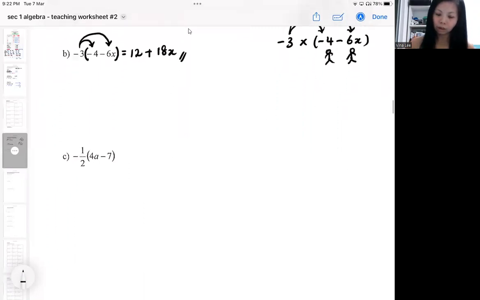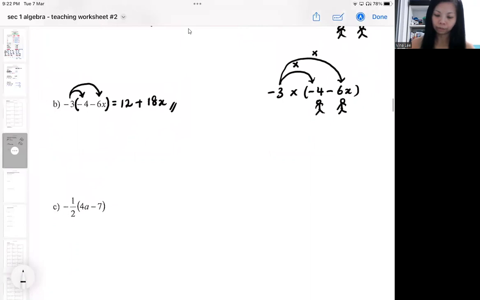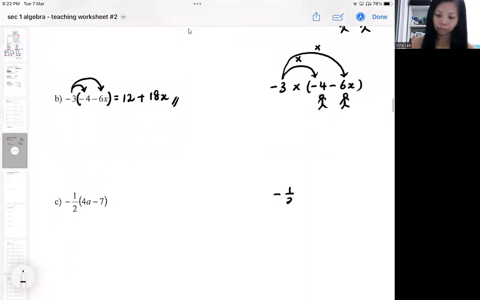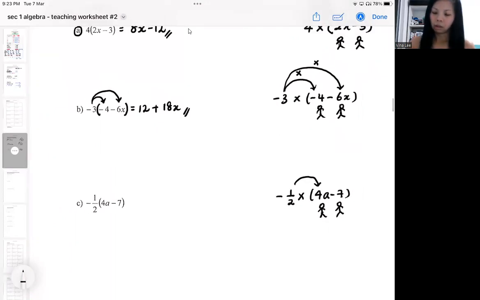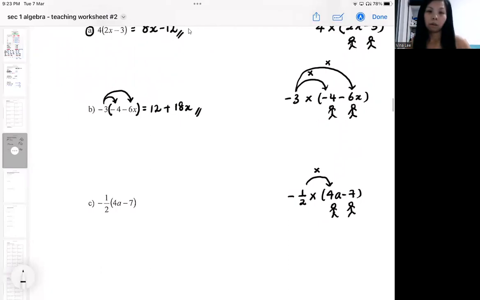The next one, I've got a minus half multiplied to a bracket. In this bracket, there are 2 people inside. So again, I'm going to distribute. I'm going to open the door. So minus half times 4a. You can punch the calculator. You will get minus 2. So the first multiplication gave me minus 2a.